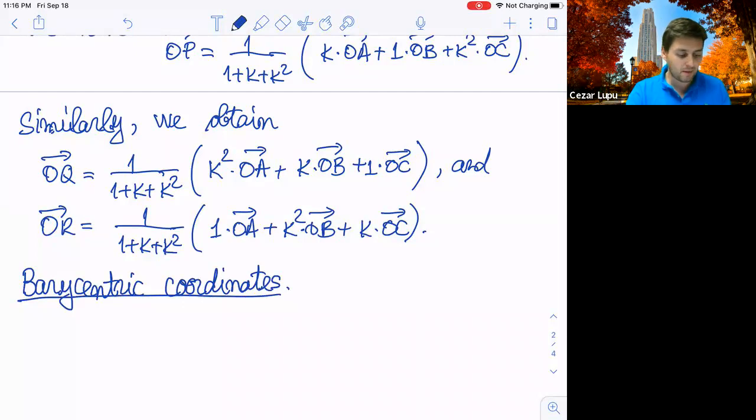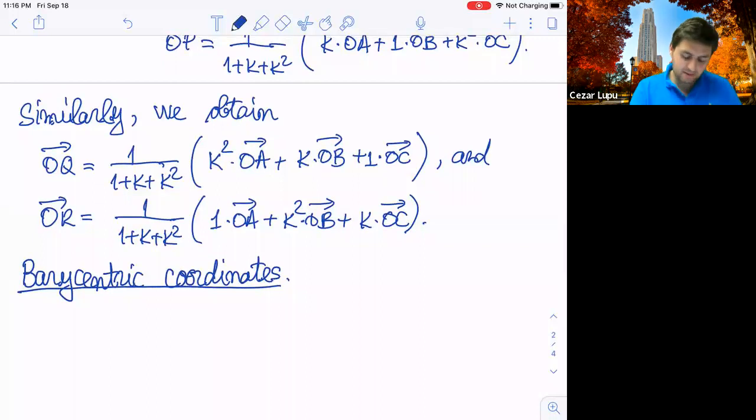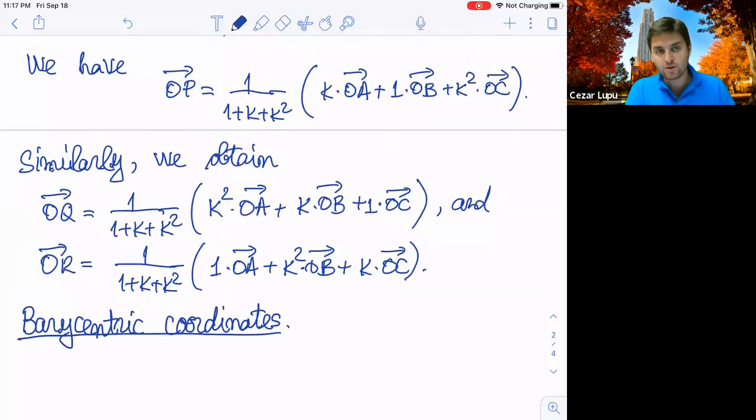And in fact, let's see first, what are barycentric coordinates? Well, we would like to identify for each point, as you can see here, because I fixed the origin at the point O, I can identify for each point P, Q, and R, their barycentric coordinates.